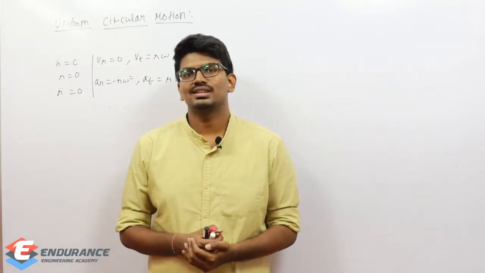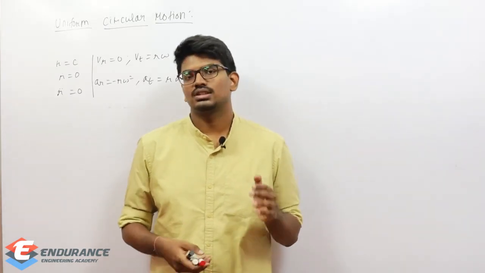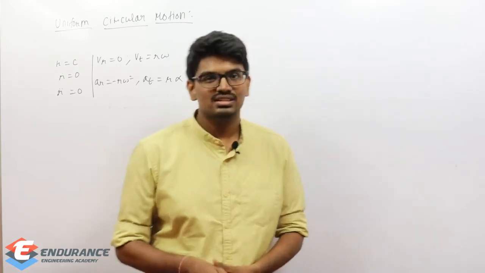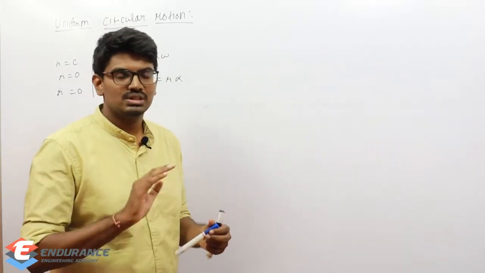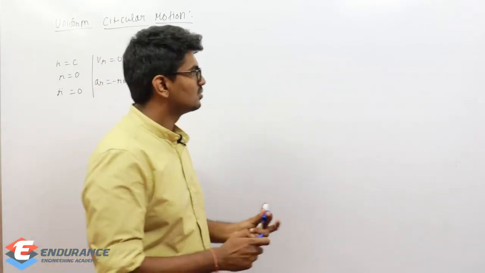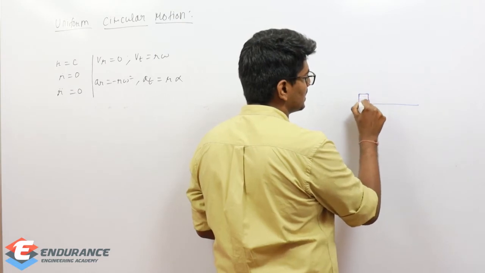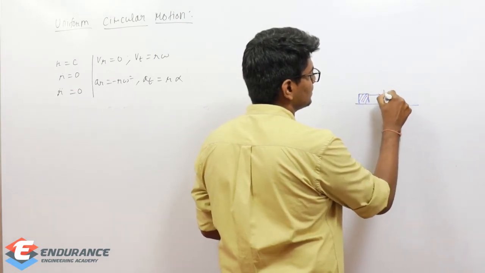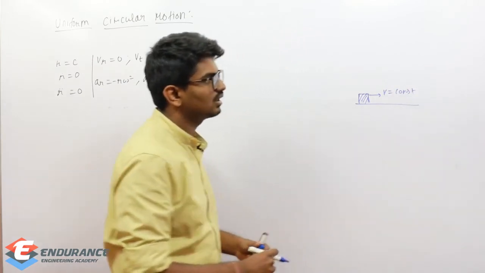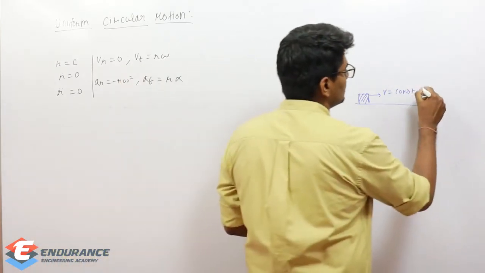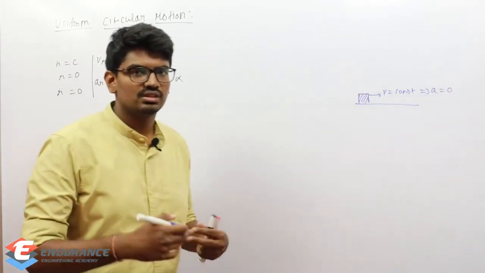One more special case in circular motion is uniform circular motion. We already know what uniform linear motion, or simply uniform motion, means. If the body is moving in a straight line with a constant velocity, obviously its acceleration will be 0, because acceleration is the rate of change of velocity.